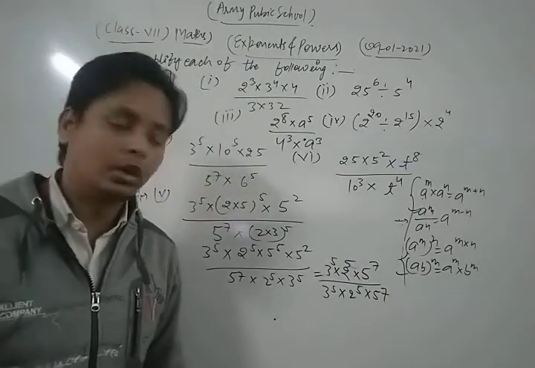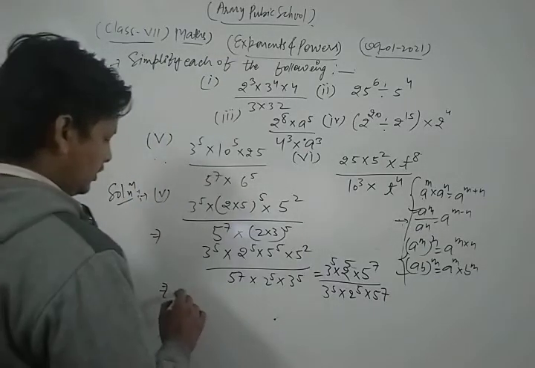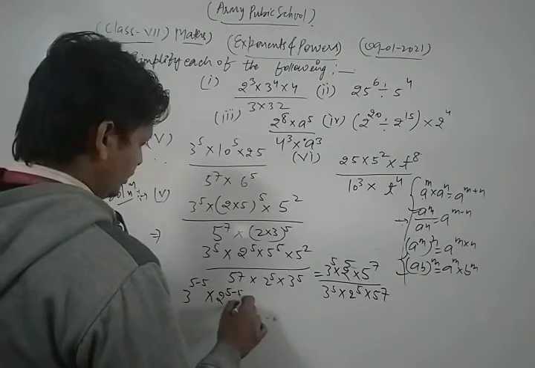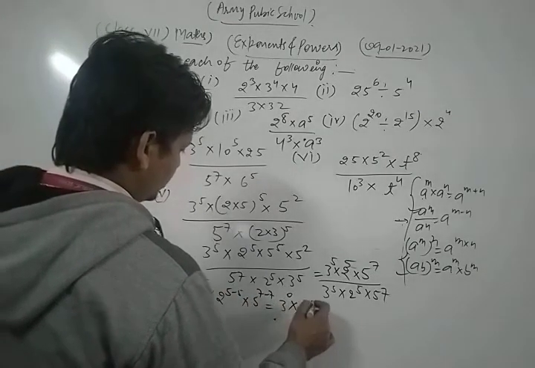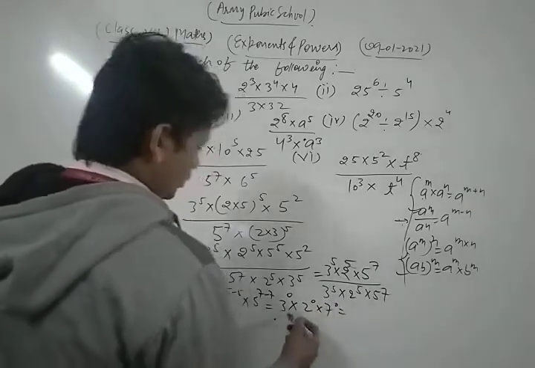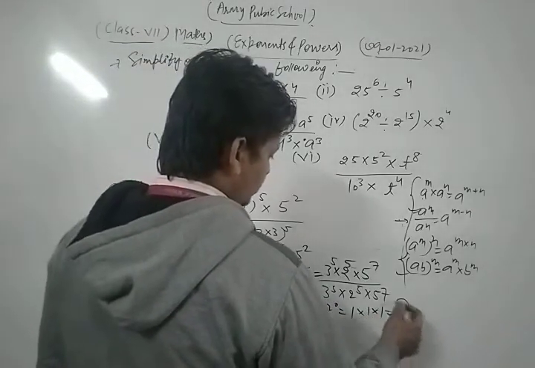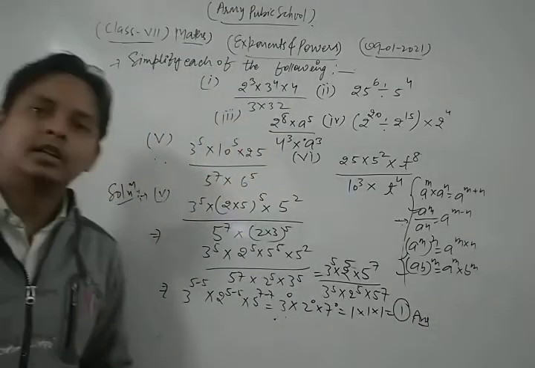Now we apply the laws of exponents. So we get 3 power 5 minus 5 into 2 power 5 minus 5 into 5 power 7 minus 7, that is 3 power 0 into 2 power 0 into 5 power 0. The value of each is 1. So 1 into 1 into 1 is 1. So this is the required solution of the given question.